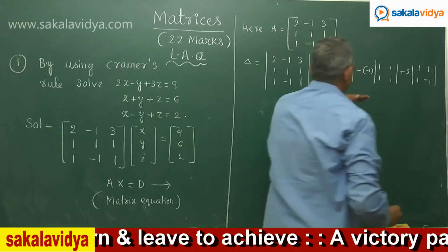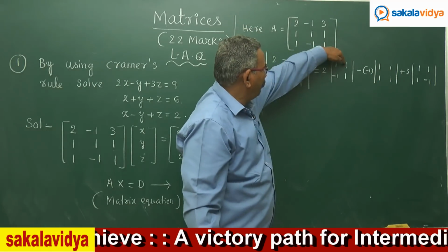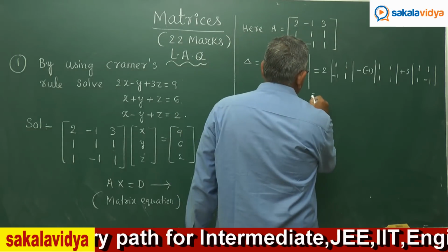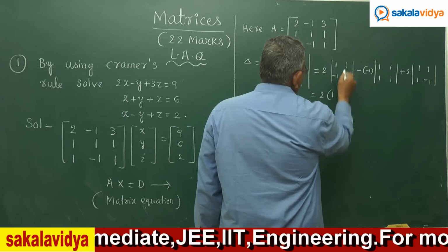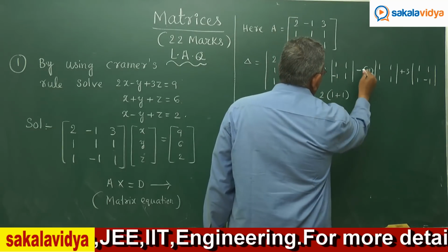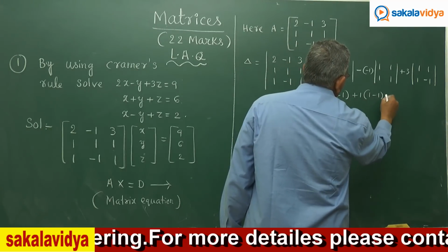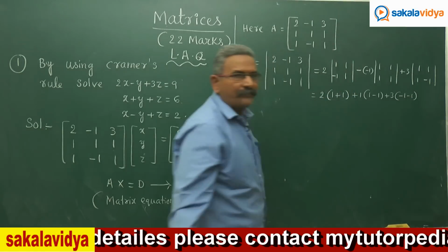This is a 2 by 2 matrix. The determinant of a 2 by 2 matrix with entries a, b, c, d is ad minus bc.